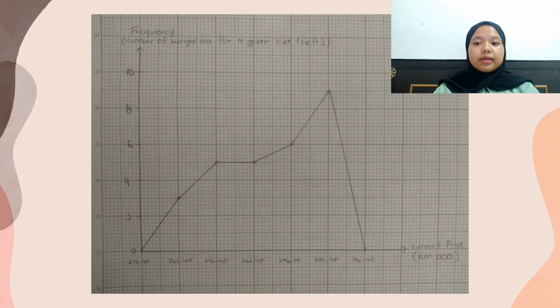Same as the histogram graph, the frequency number will be put on the y-axis, and the midpoint number on the x-axis. Based on the frequency polygon graph, we can analyze the movement of the current price, where based on our data, the current price was increasing from 3 frequency to 9 frequency.